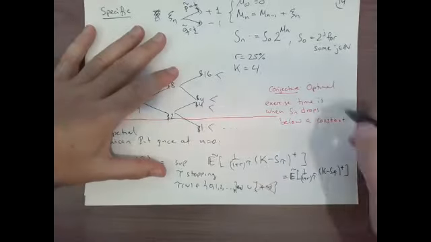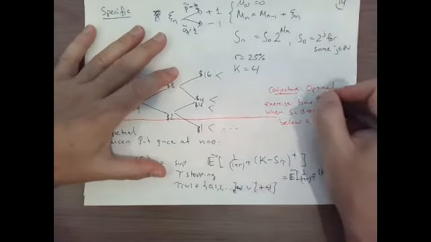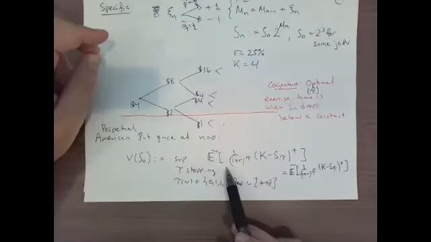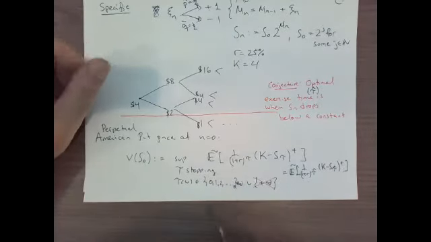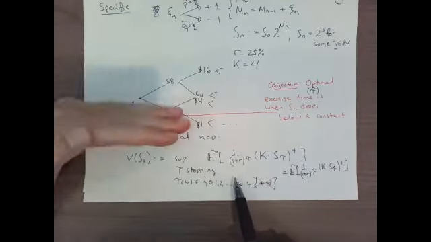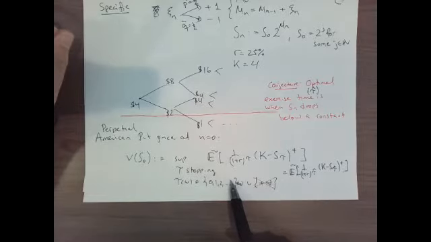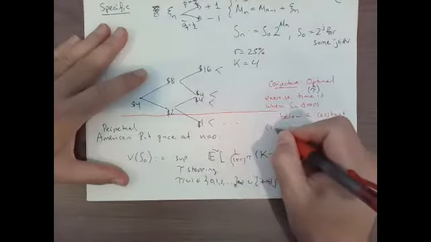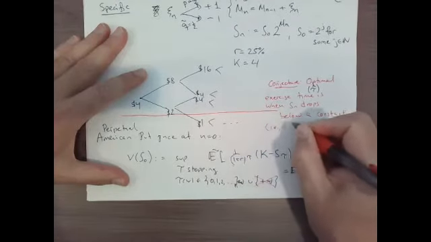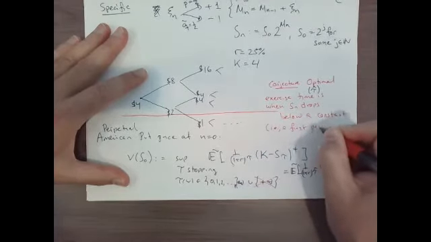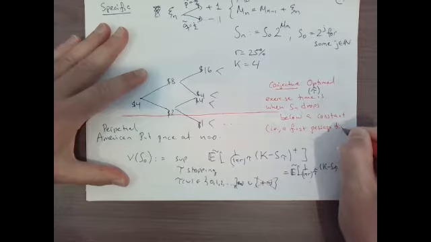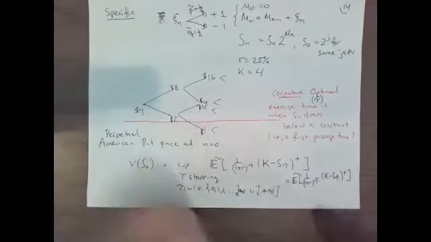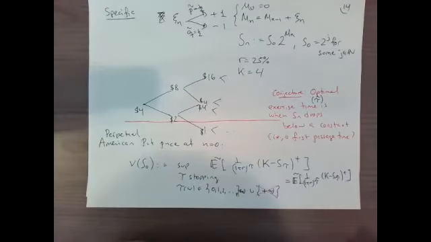So the optimal exercise time, this tau hat, the one that attains the supremum, is going to be when the stock price drops below a certain level. So this is the first passage time. But what level?